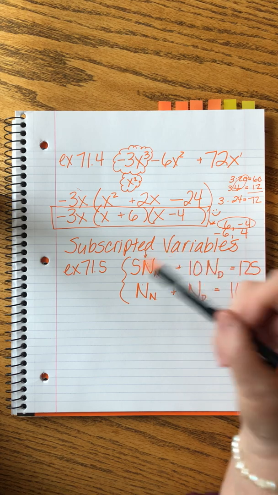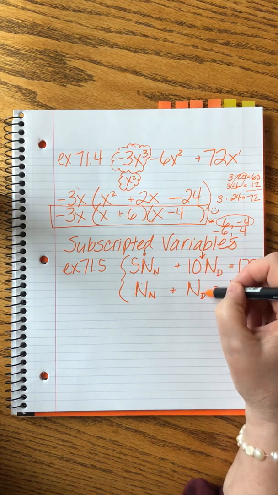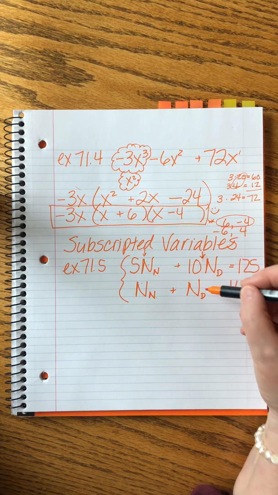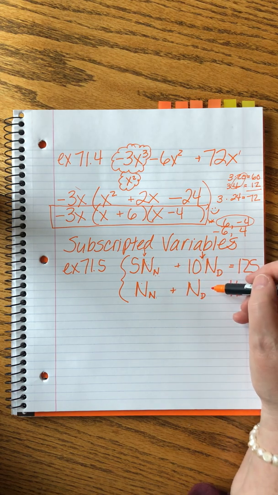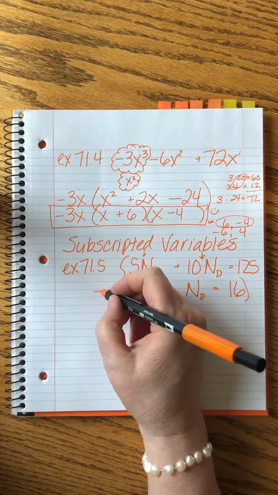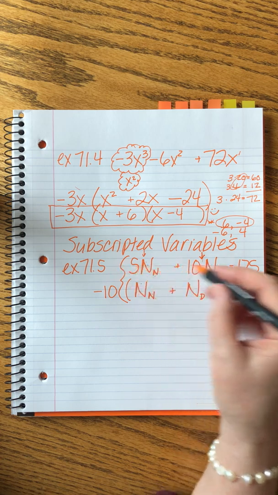Let's multiply. No, I changed my mind. I want to multiply this. I want to eliminate here because I want to multiply by minus 10. It's easier to multiply 10 than it is to multiply by 5. 5's pretty easy, but 10's even easier. So I'm going to multiply this bottom equation by minus 10. And then I'm going to eliminate it against the top one.